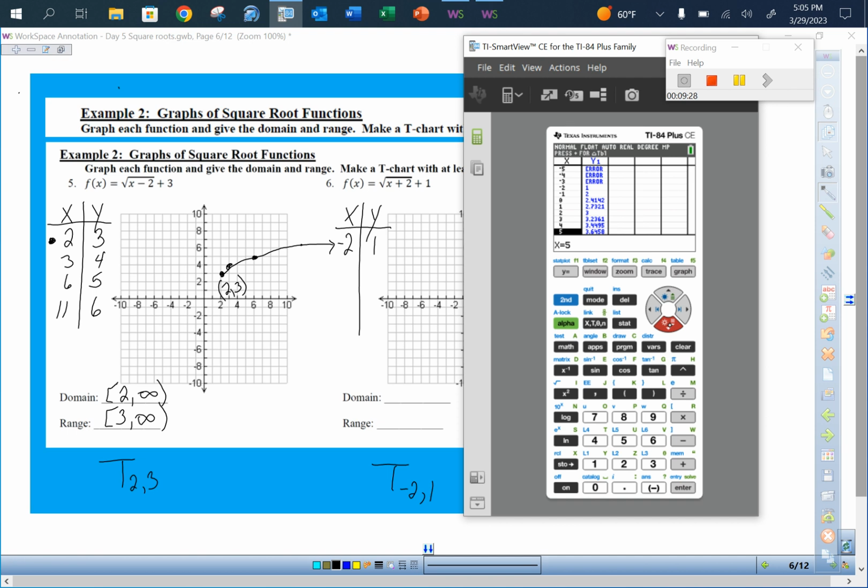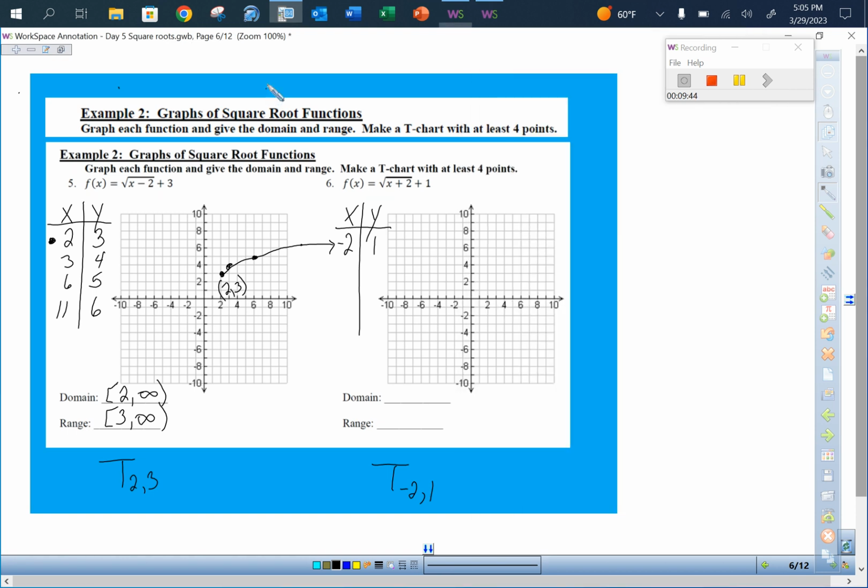And then the points I like, -2, 1, -1, 2, 2, 3, and way down here, 7, 4. So we'll list those, -1, 2, 2, 3, 7, 4. Now remember, this is where we start. -2, 1, -1, 2.